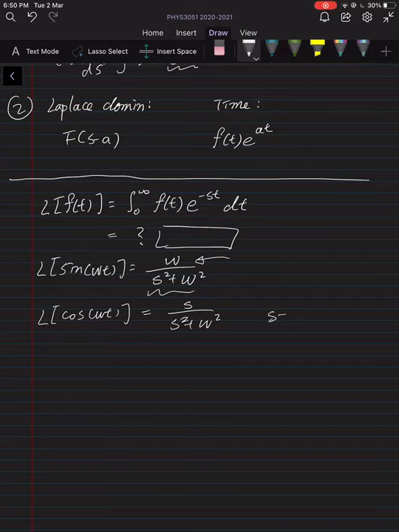Do you mean s equals omega plus i? I mean, if there is a complex number that is s plus i omega, then the omega part will be the imaginary part, as in the sine omega t.